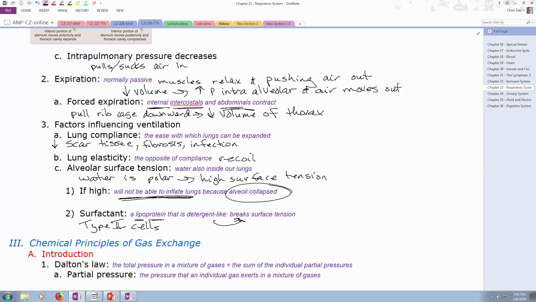And so because there's not enough of that like polarity trying to push each other away from one another, those little air sacs will collapse because they're full of amniotic fluid, because the baby has never had to breathe before until it's been born, because that's what the placenta does for the fetus in utero. And now it's out, its airways are not full of air, its airways are full of water.